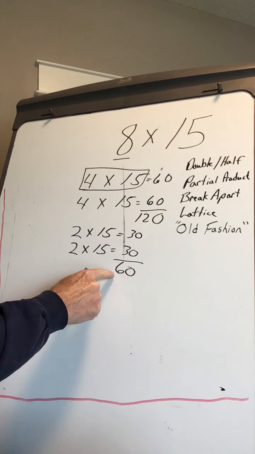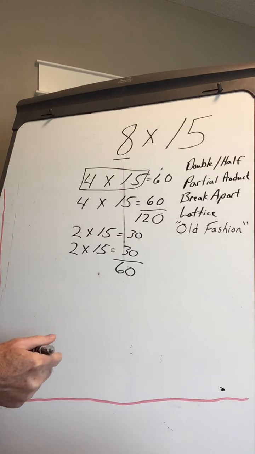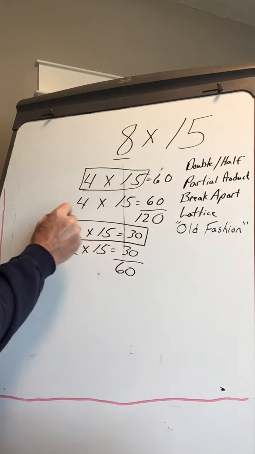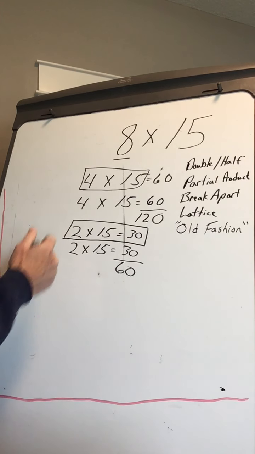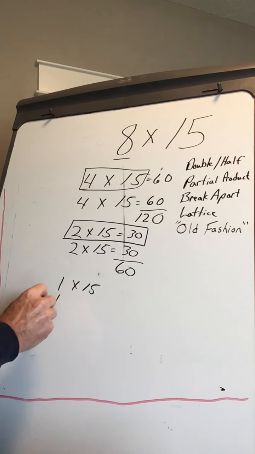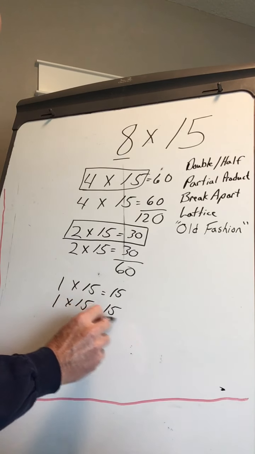And you come up with a total of 60 just for that problem. Now, if you still don't know what 2 times 15 is, you can split the 2 into 1 times 15 and 1 times 15. And that basically just becomes an addition problem.